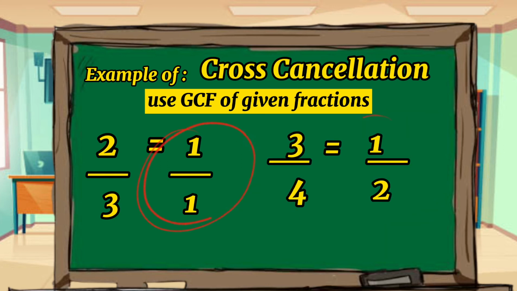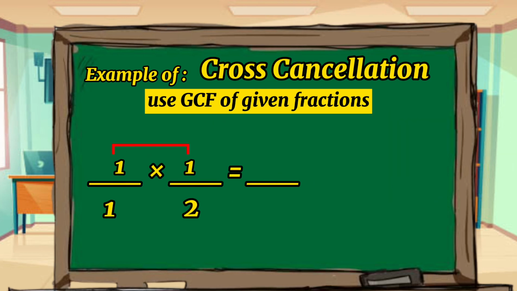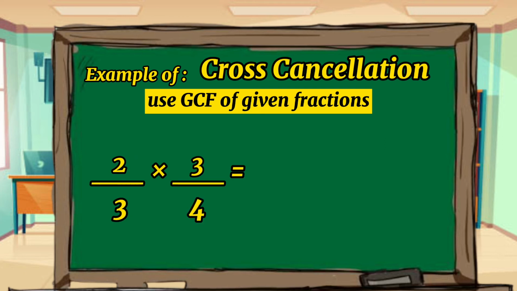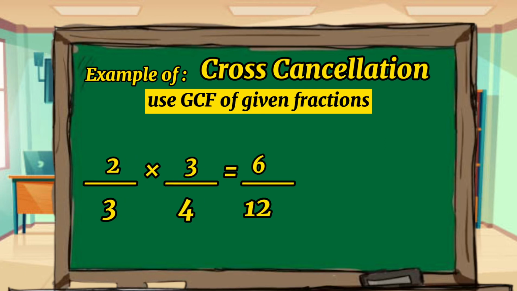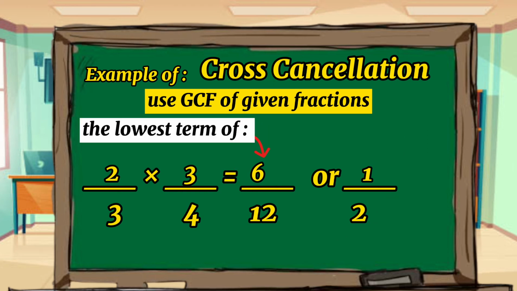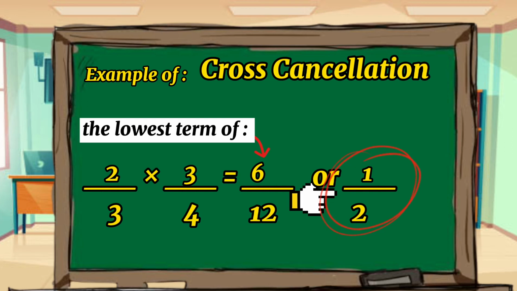Let's multiply it. 1 times 1 equals 1. 1 times 2 equals 2. Therefore, 2/3 times 3/4 equals 6 over 12 or 1/2. The lowest term of 6 over 12 is 1/2.